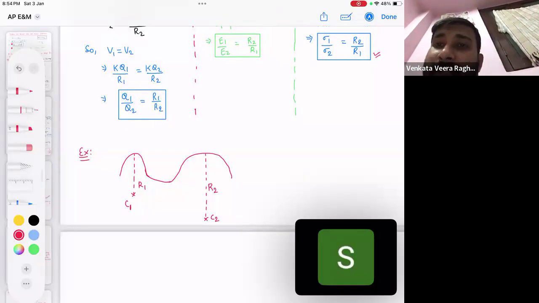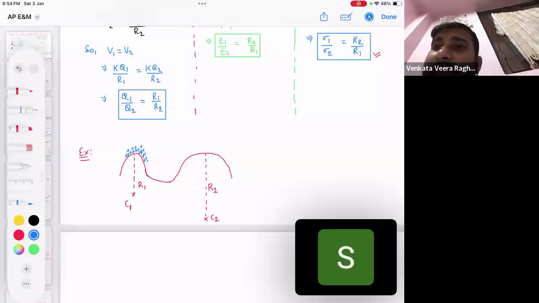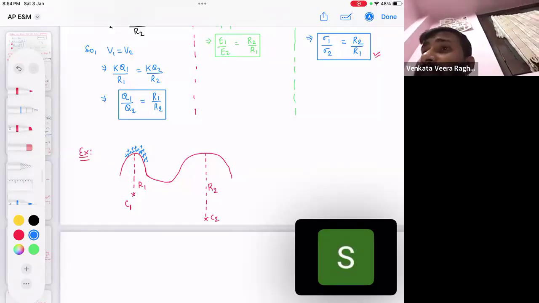So can I say that in this question, here, more charge will be accumulated? Can I say that? Because here the radius is smaller, and charge density is inversely proportional to radius.